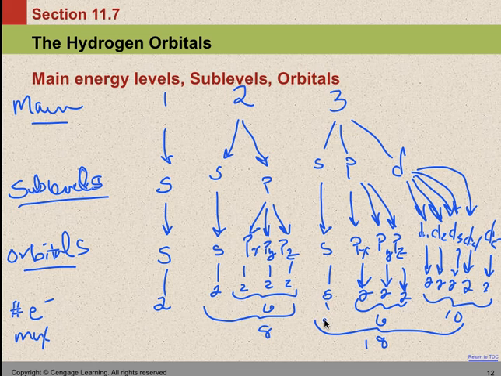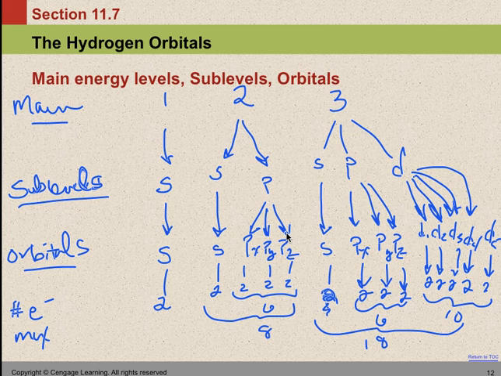This should be a 2, sorry. Okay. Now, for the fourth main energy level, I'm not going to draw it. The fourth main energy level is going to have 4 sublevels. We're going to add an F sublevel. If the S has 1 orbital, the P sublevel has 3 orbitals, and the D sublevel has 5, 1, 3, 5.